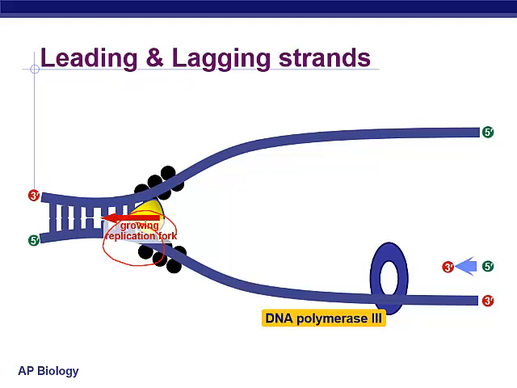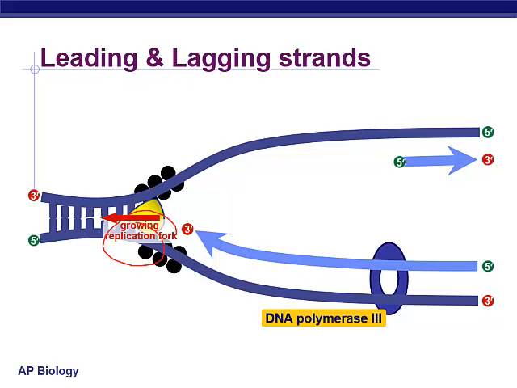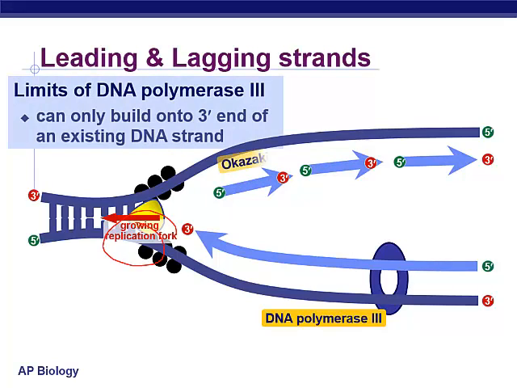Before that can attach, what do I need? RNA primer, which we'll get to in a minute. It's not shown in this picture, but it has to be there. Okay, and then here, 3' to 5' won't work. But if I start on that side and move to the right, it works. But then I get these fragments.